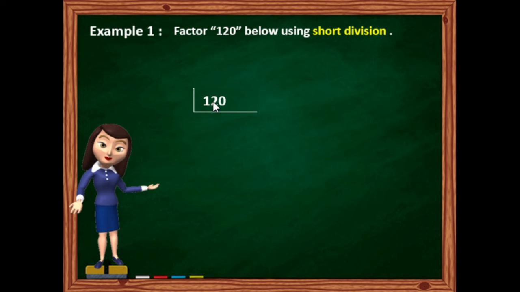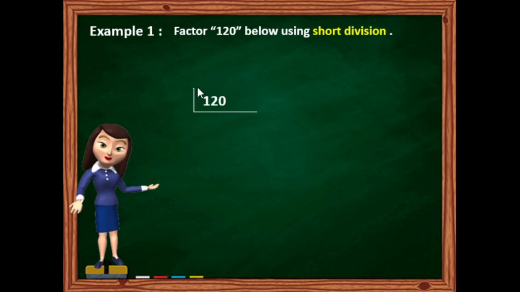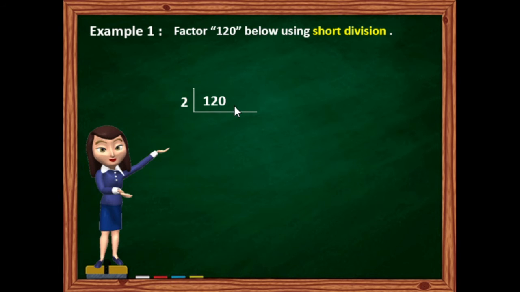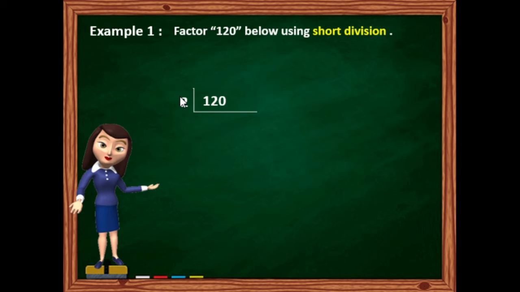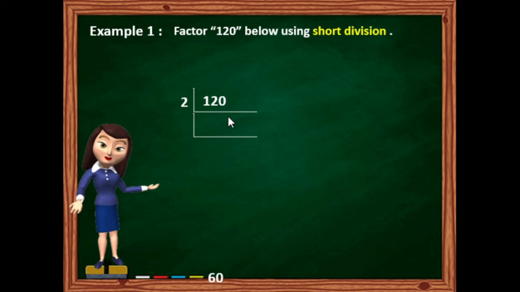So 120, let's begin dividing it by the smallest number, beginning with 2. So 120 divided by 2 equals? Very good. You have 60.